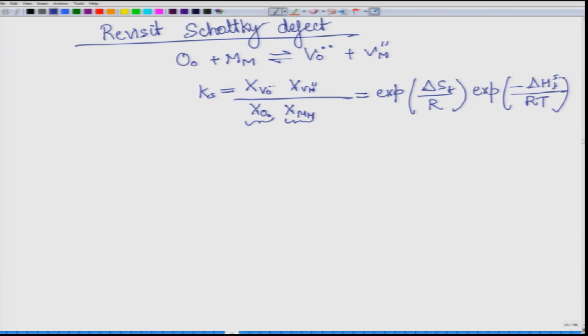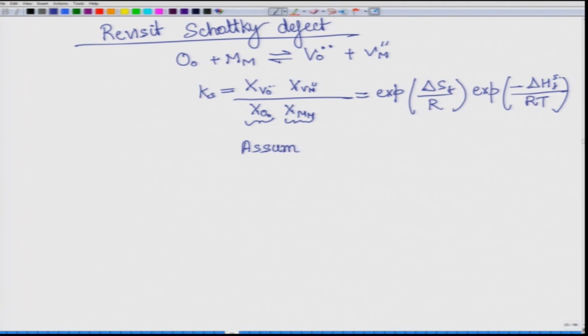If vacancies were also being produced by some other mechanism, then we would not be able to say that this relation is the final one, as the vacancy concentration would also be influenced by the other reaction. So we have to assume that the Schottky defect is dominating. This is one assumption.